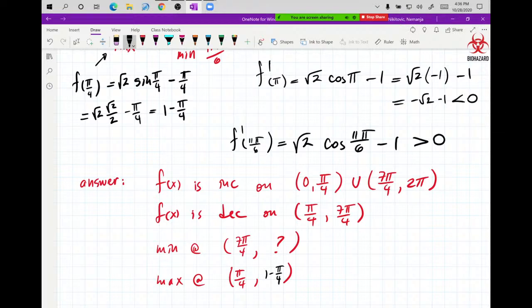And you compute the same way the y value for the minimum. You plug in 11 pi over 6, that's going to give you a negative, so it's going to be negative 1, minus pi over 4.